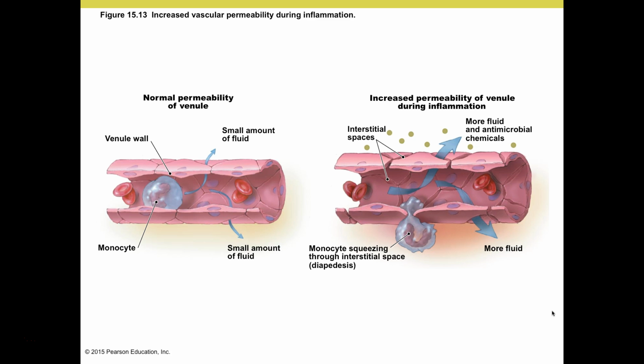And this diagram depicts even better how your monocytes can actually leak through the blood vessel because of the inflammation. And therefore, this squeezing through the vessel is known as diapedesis. And this actually will mediate and help your monocytes to get rid of the infection.